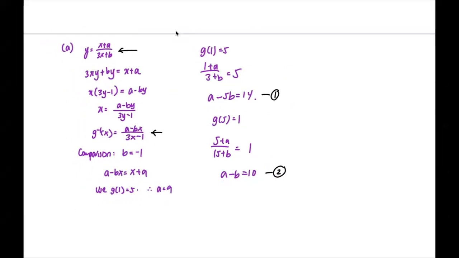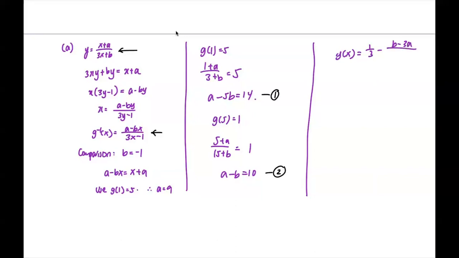Okay, and the last way that you can do this, which I think is a bit more extreme, you can rewrite g(x) using long division, and you get 1/3 minus (b minus 3a) over (3x plus b). Now, the question tells you that x must be greater than negative b over 3, right?